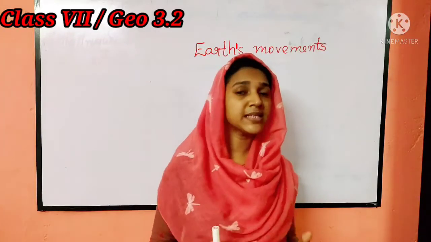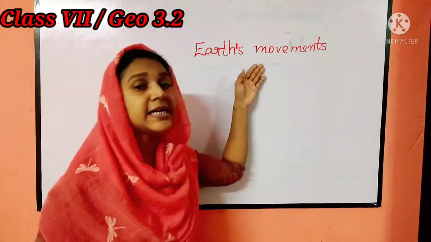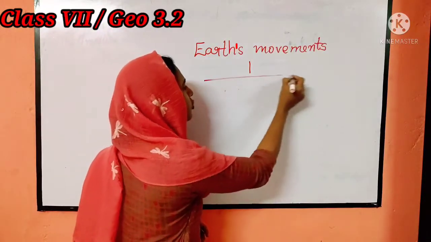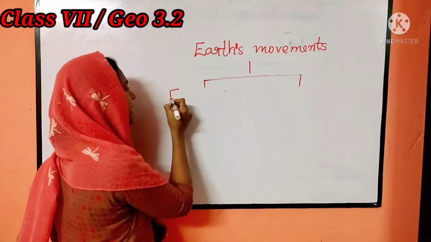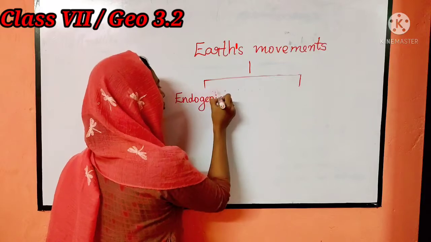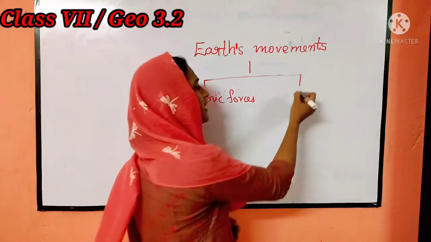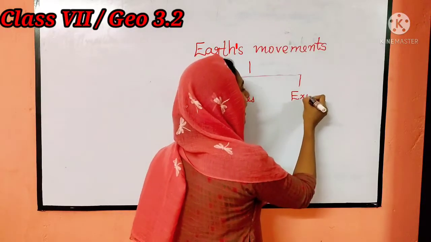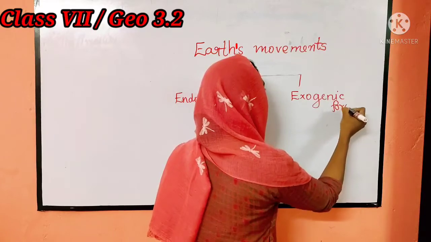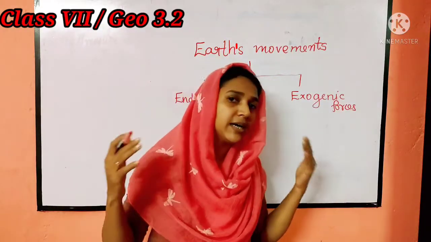So students, let me sum up what we have learned in the last two classes. The earth movements. The movements on the earth's surface can be classified into two. The first one is endogenic forces, that is the forces from inside the earth. The second one is exogenic forces, the forces from outside of the earth.